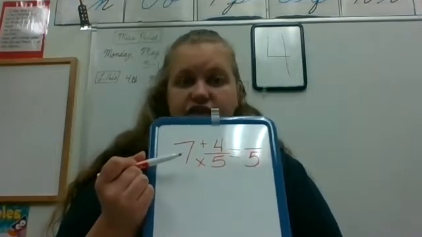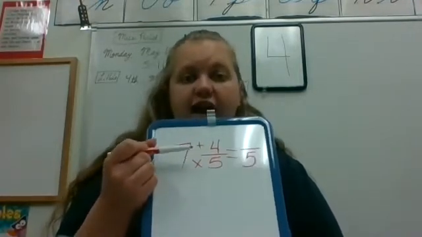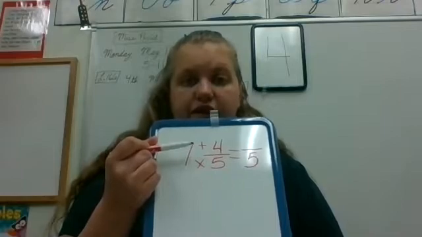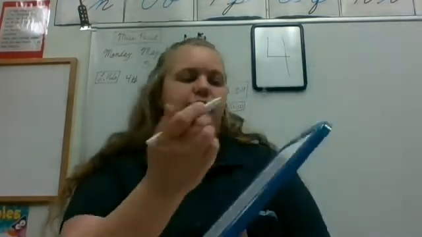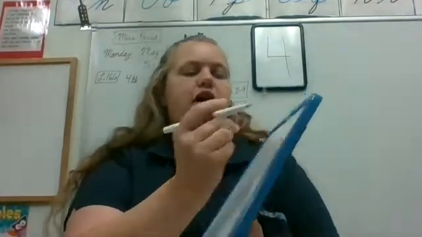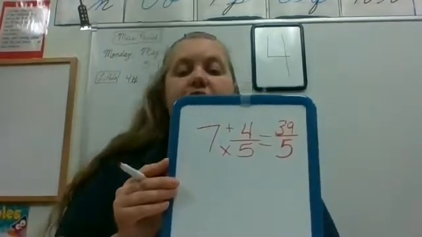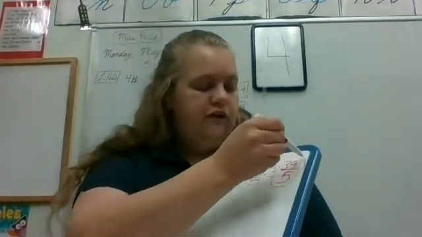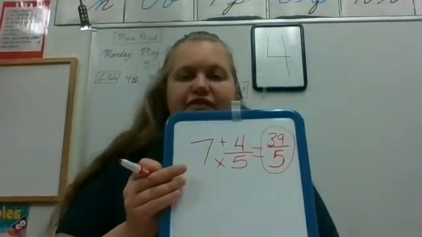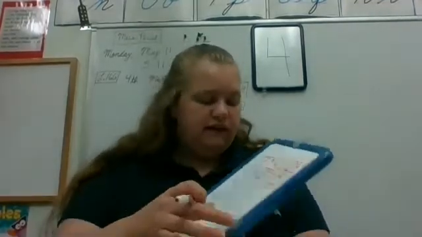But that's not our answer, right? With 35, we have to add 4. 35 plus 4 is 39, good job. So we put 39 on the top, 5 on the bottom. This is our improper fraction, 39 over 5, okay? Very good.